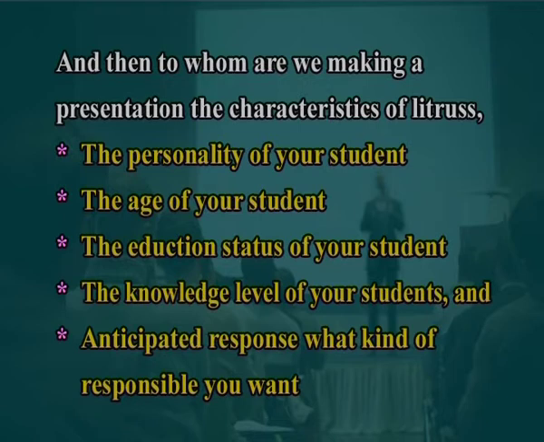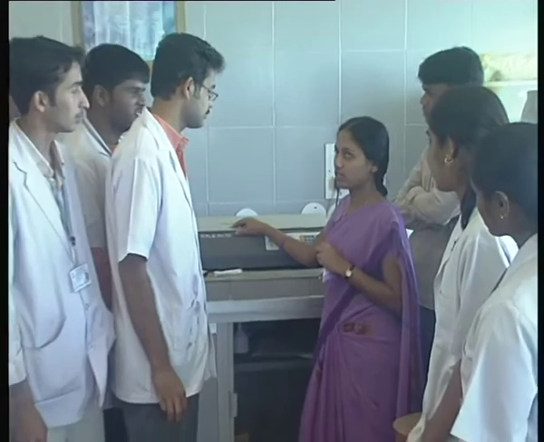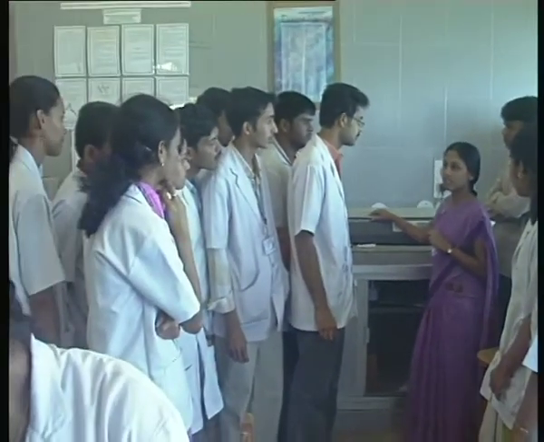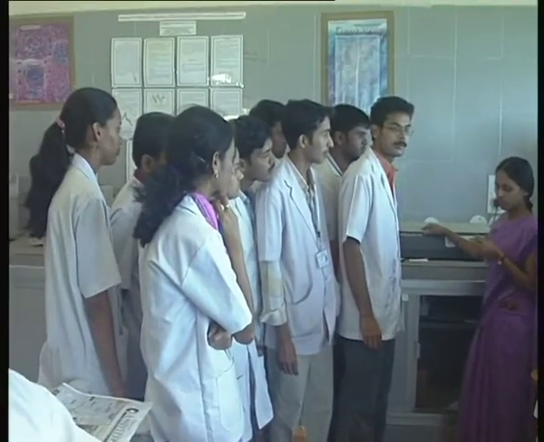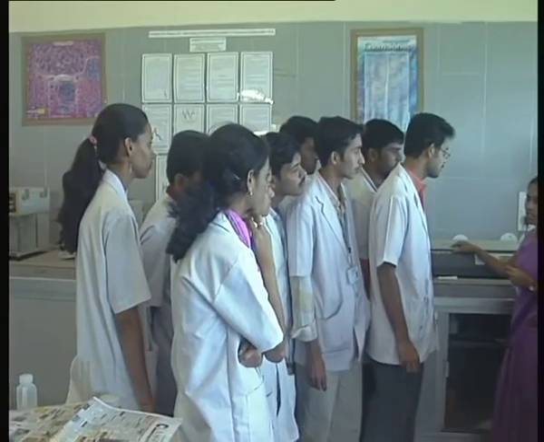The characteristics of listeners, the personality of your students, the age of your students, the education status of your students, the knowledge levels of your students, and the anticipated response. What kind of a response you want? So age becomes important, education level becomes important, their personality becomes important, their knowledge levels become important.